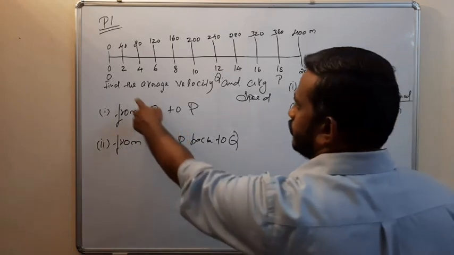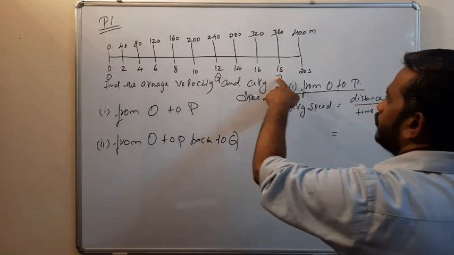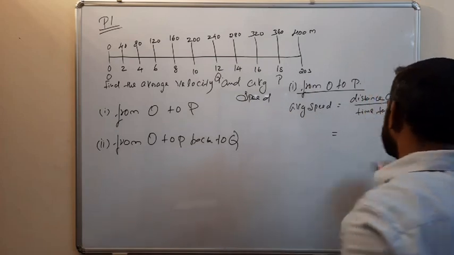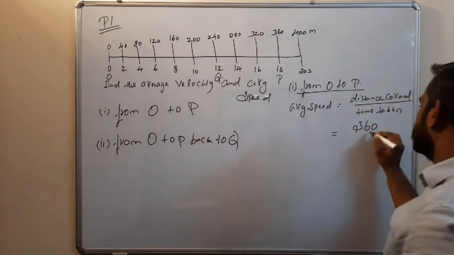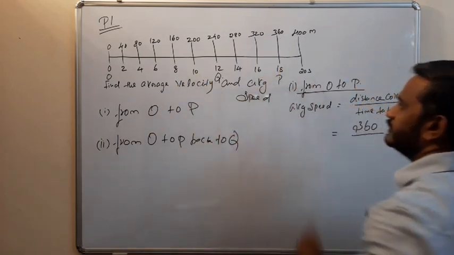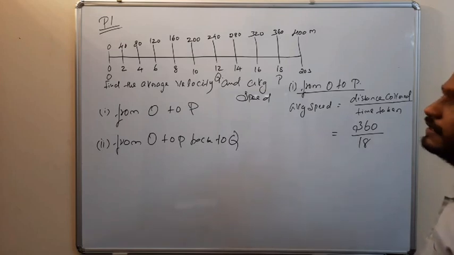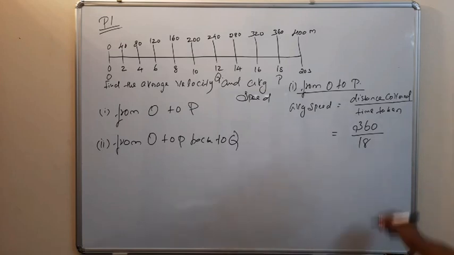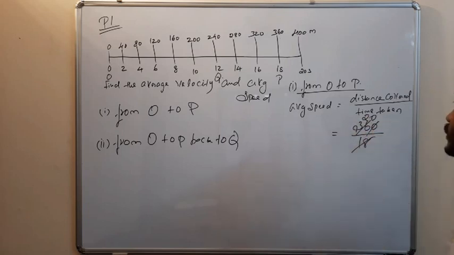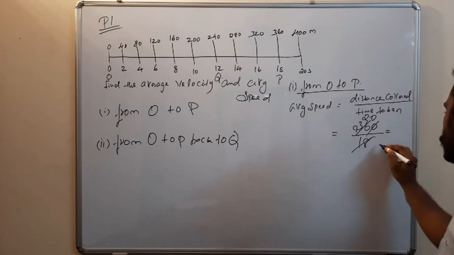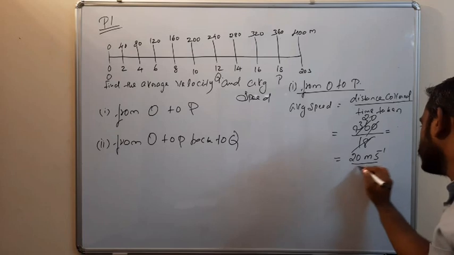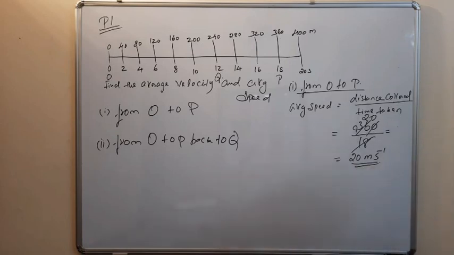From O to P, how much distance is covered? From 0 meter to 360, so the distance covered is 360, divided by the time taken, which from the diagram is 18 seconds. Cutting, 18 goes into 360 twenty times. So that's equal to 20 meter per second.